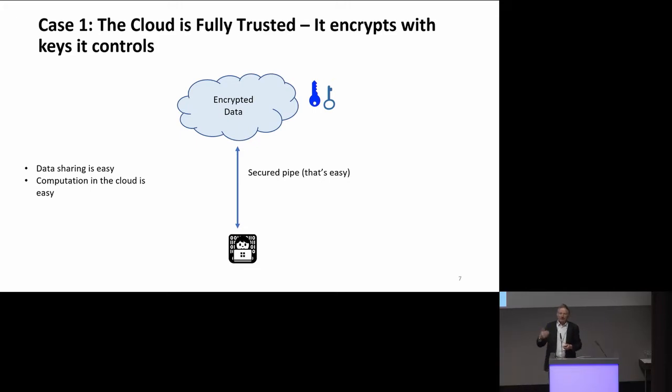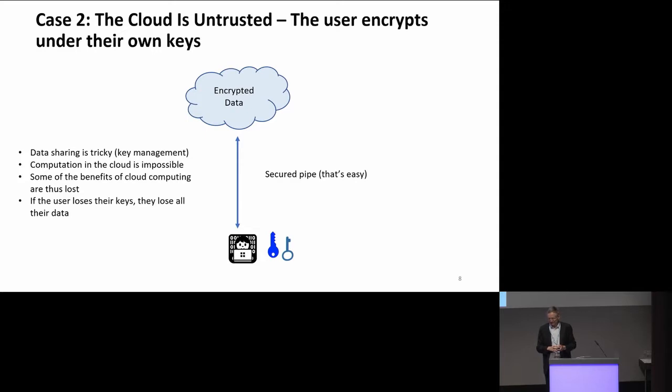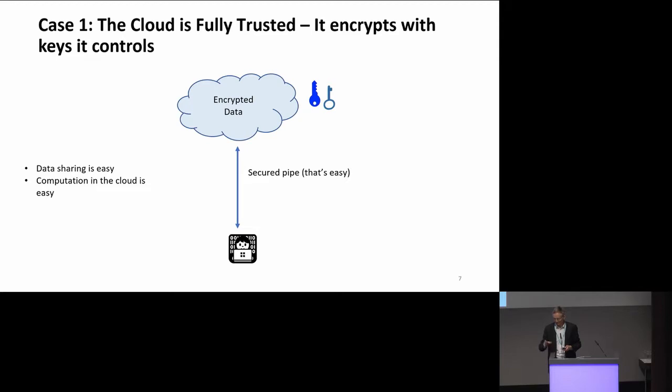Now, the second case is, well, what if you don't trust the cloud? You say, no, that's too risky. And this is usually the behavior here in this country. So for example, the case I mentioned previously, cloud fully trusted, is typically the solution that our US friends would use. They say, we put the data in the cloud. That's it, and problem solved.